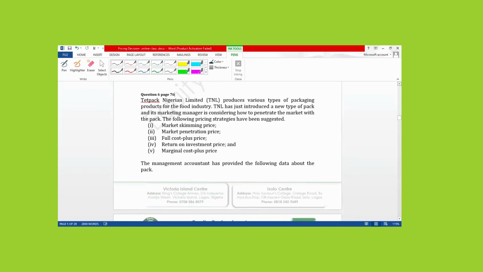Look at the methods. Market skimming pricing. Who can explain this? You are going to tell us what market skimming is. When can a company adopt market skimming for its products? Yes, from the students.